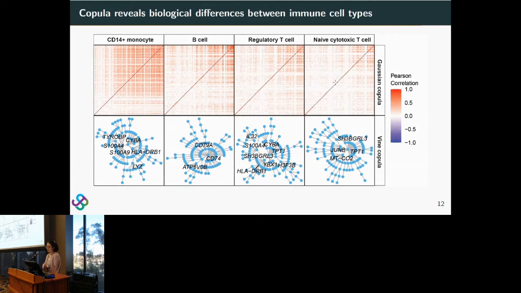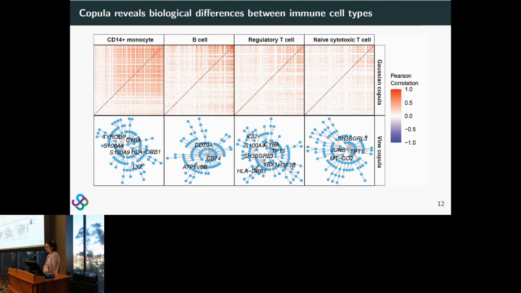And lastly, recall that for scDesign3, we first fit the marginal distribution independently for each feature, and then we use a copula technique to join those independent marginal distributions together into a joint distribution. So here we use a copula technique which can reveal the biological difference between the cell types. If you are using the Gaussian copula, you get a different gene correlation matrix for different cell types.